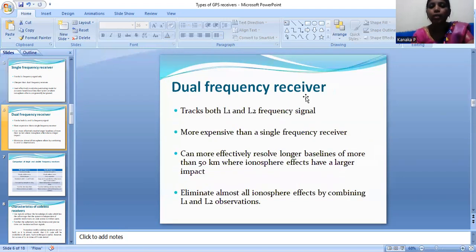The second one is the dual frequency receiver, where dual means double. It tracks both L1 and L2 frequency signals. It is more expensive than the single frequency receiver, and resolves longer baselines of more than 50 kilometers, where ionospheric effects have a larger impact. It eliminates almost all ionospheric effects by combining L1 and L2 observations.